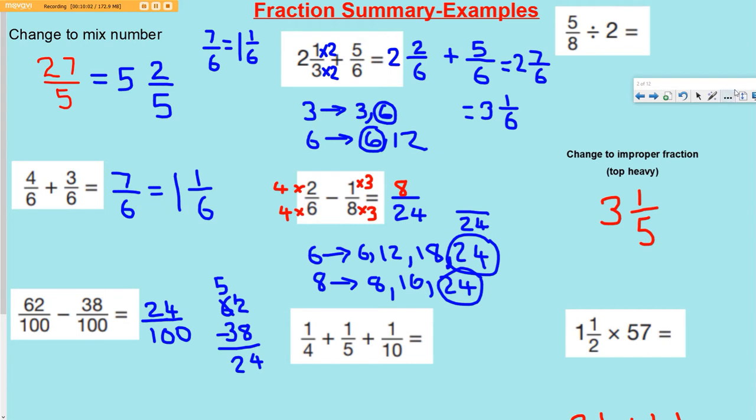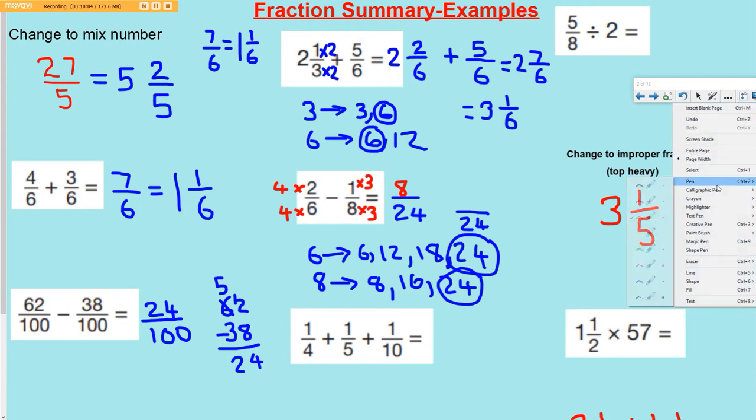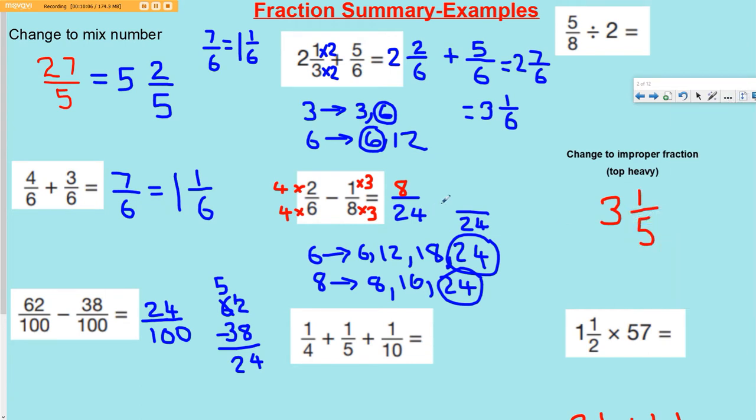Okay, so this is supposed to be a minus, and with a 3 times 8, 24, 3 times 1, 3. And then we do now 3 from 8, leave us with 5, right? And then we get 5 upon 24. Okay. Hopefully you're getting everything that I'm doing so far.